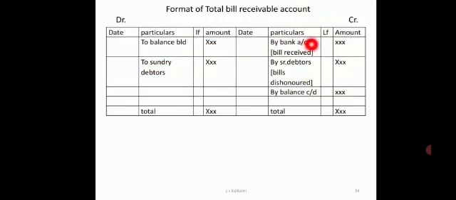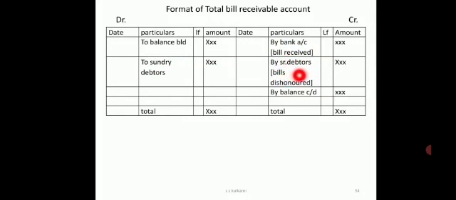So if we go through the format, bills receivable account is just opposite of bills payable account. You are having the opening balance of bills receivable and the new bills issued to the debtors which are increasing the bills. So on the debit side, whereas bills which are being paid on maturity will be taken on the credit side.